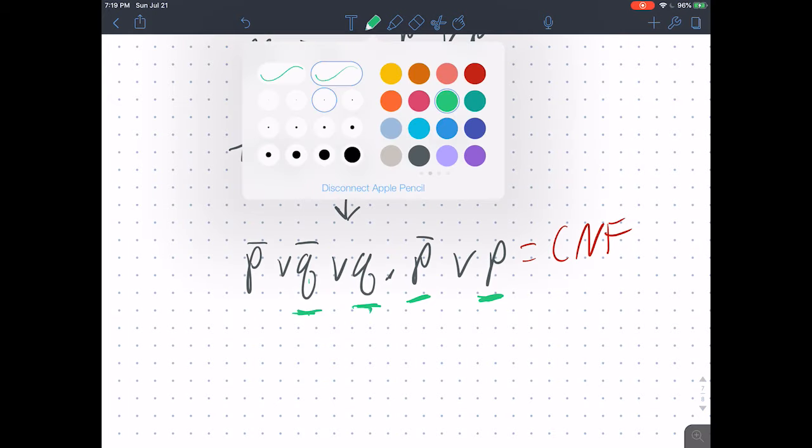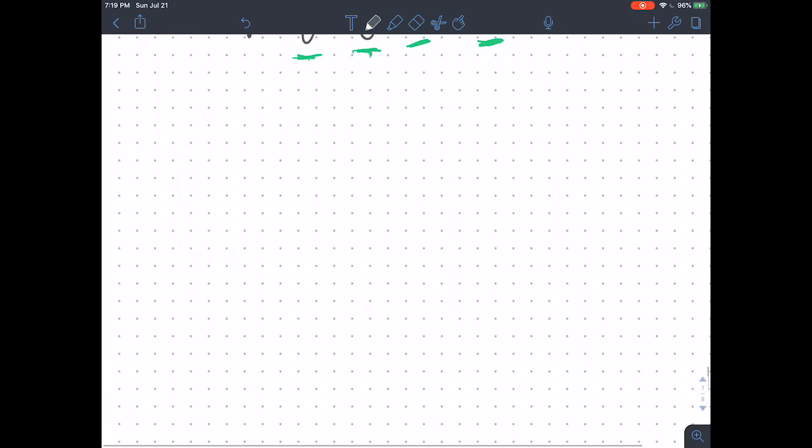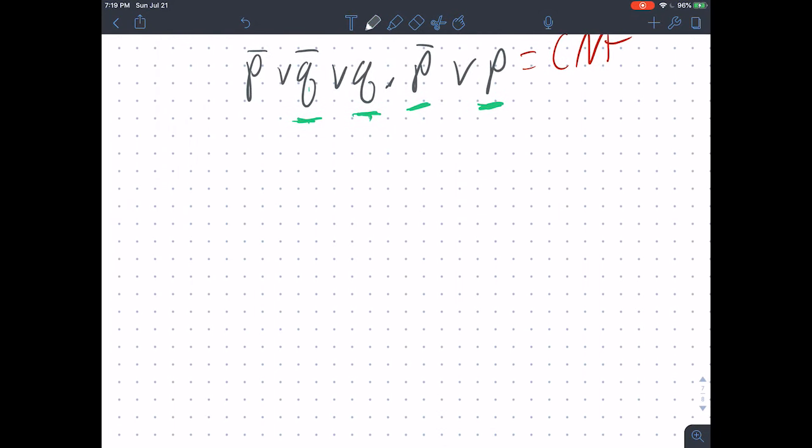Just a real quick truth value analysis to make sure you get that fact down. So if we have Q or not Q, right?